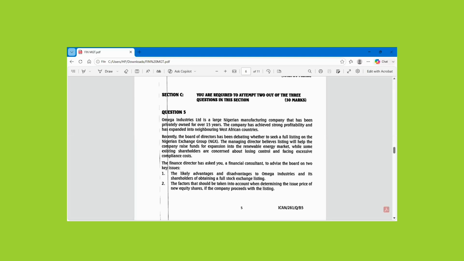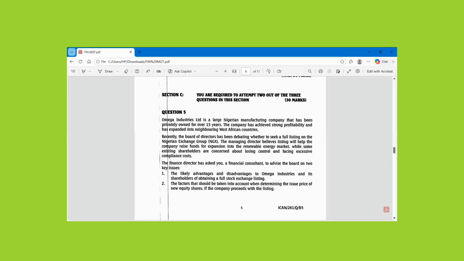Look at it. A private company is to be converted to a public company. The managing director believes that by listing the company at the stock market, they can raise funds for expansion.